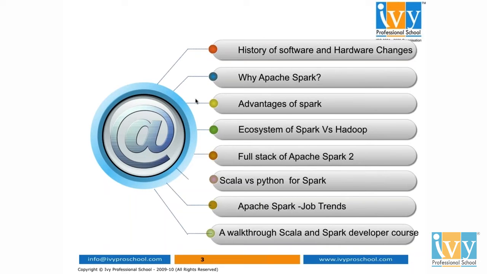Why should you learn Apache Spark? First we'll see the history of software and hardware changes that has led to the development of Spark, and then we'll see why we should learn Apache Spark, what the advantages are, and we'll compare Spark with Hadoop. Also we'll see what the new things are that are coming up in the Spark 2 version.